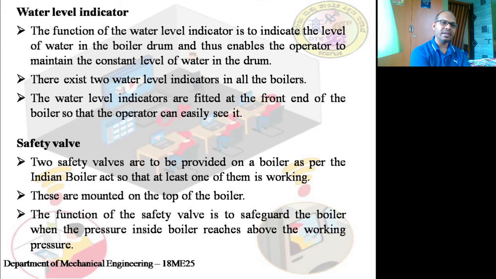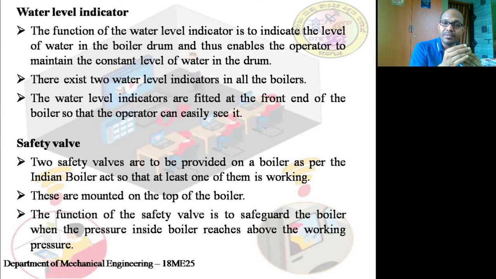Now what happens if there is no water level indicator? Just imagine we have a turbine and a drum with so much water. As I always tell you, there should be water for the formation of steam. If there is no water, how will steam be formed? That is the first point. And if all the water is converted into steam and no water is left, then the pipes start heating the steam itself, and the steam heat, the enthalpy, keeps increasing. So what happens?